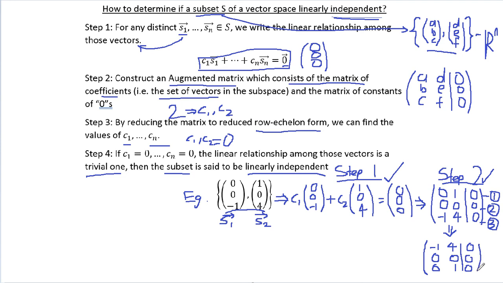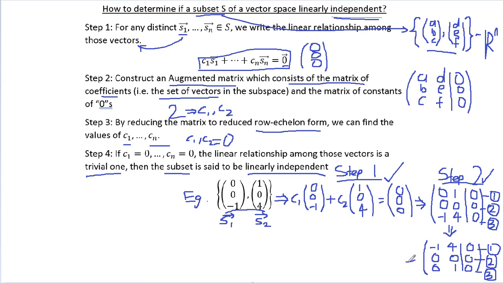What is our condition? We want to make it row echelon form first. You notice that row 2 is the row of zeros. In row echelon form, this row has to be the bottom row.